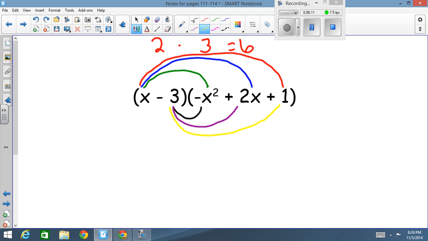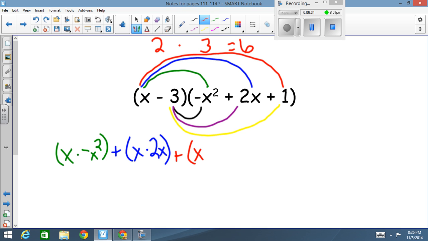So let's just write these out and see what it would look like. I have x times negative x squared. And then the blue multiplication is x times 2x. And then the red multiplication is x times 1. And then the black multiplication is negative 3 times negative x squared.